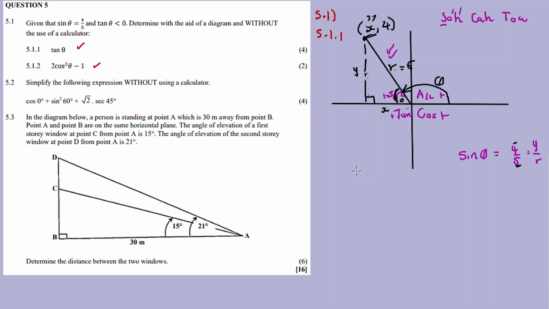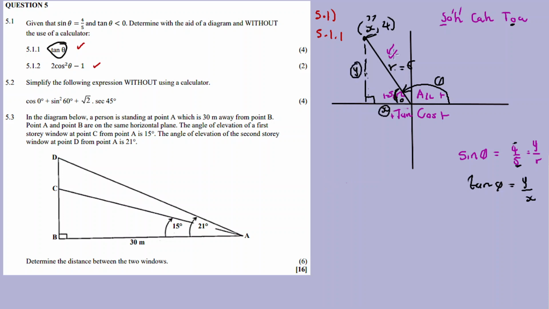Why do I say that? Because tan theta is opposite over adjacent, which is y over x, so I need x.